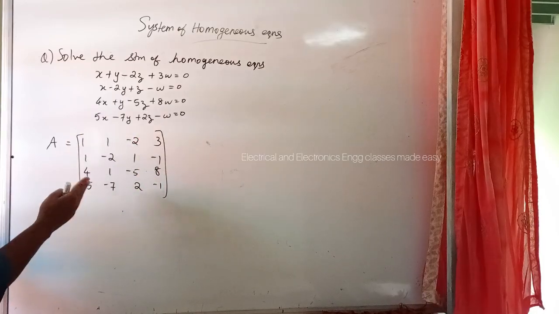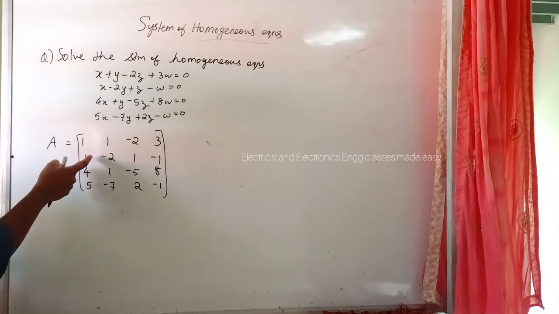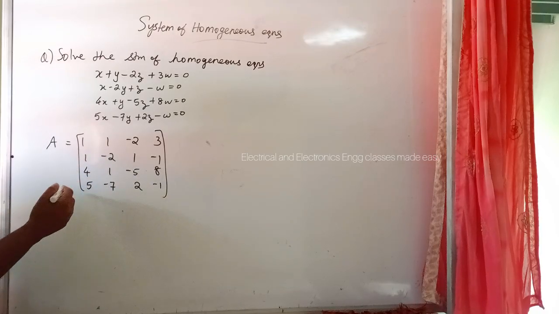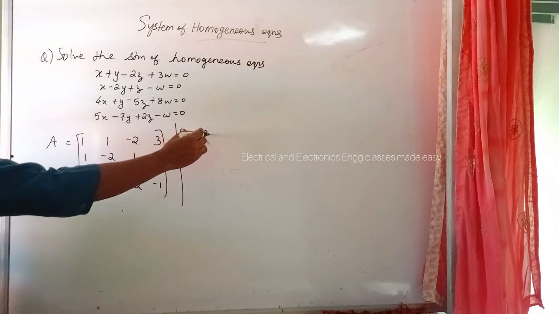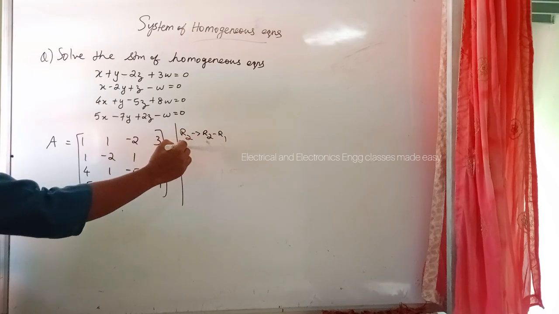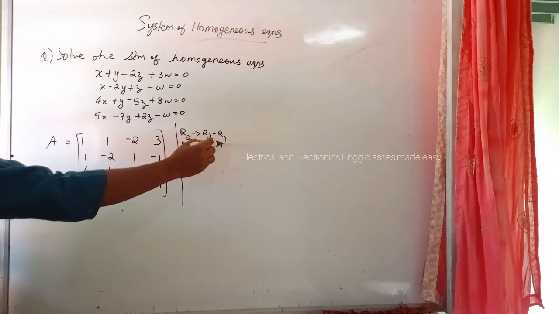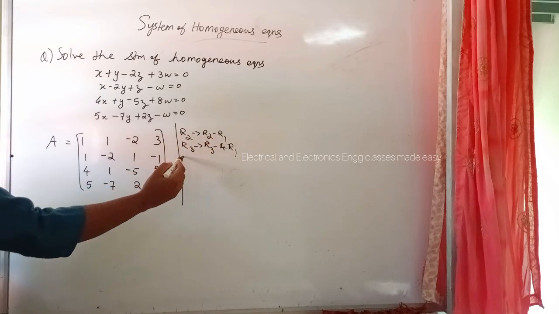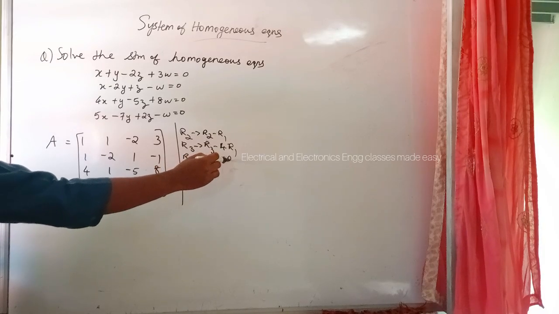Now we have to find the rank of this matrix. So for that, let us make these elements 0. That is, we can do the operations. R2 implies R2 minus R1, then R3 implies R3 minus 4 times R1, then R4 implies R4 minus 5 times R1.